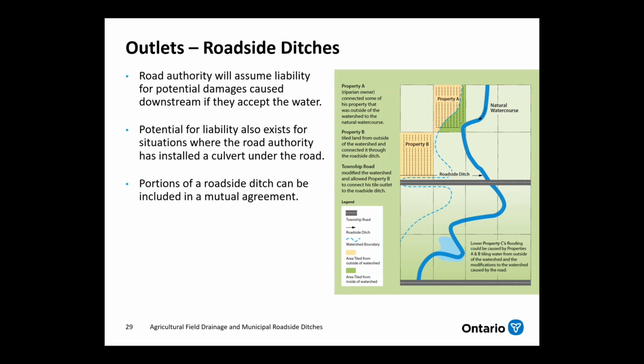In this particular example, property B was even outside of the watershed, but it could even be in the watershed. And that extra water has now caused flooding down in the bottom, sort of middle, lower property owner C. And the question is, could that be caused by the actions of property owner B through the roadside ditch, bringing in extra water into the natural water course?